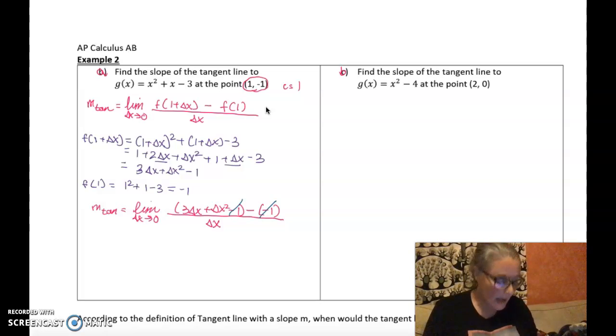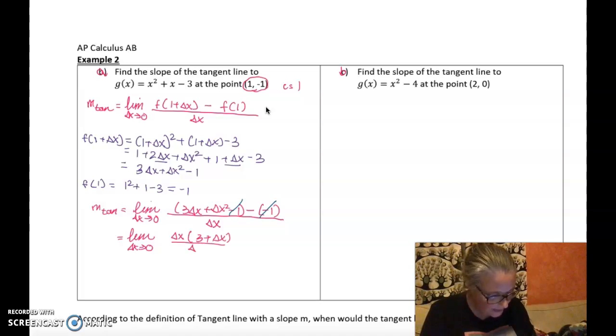Now we end up with the limit as delta x approaches 0 of, in the numerator, first of all, it's indeterminate form as it stands right now, but in the numerator, I can factor out a delta x. So I get 3 plus delta x over delta x, and then the delta x's will cancel each other out. That gives me the limit as delta x approaches 0 of 3 plus delta x. Then we apply the limit, so that gives me a 3.